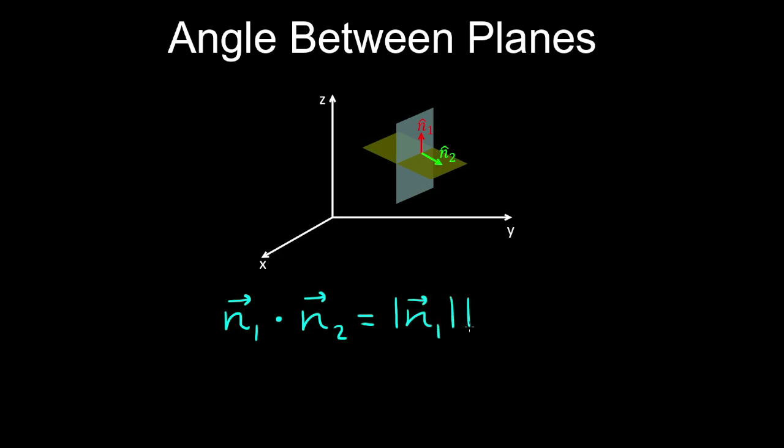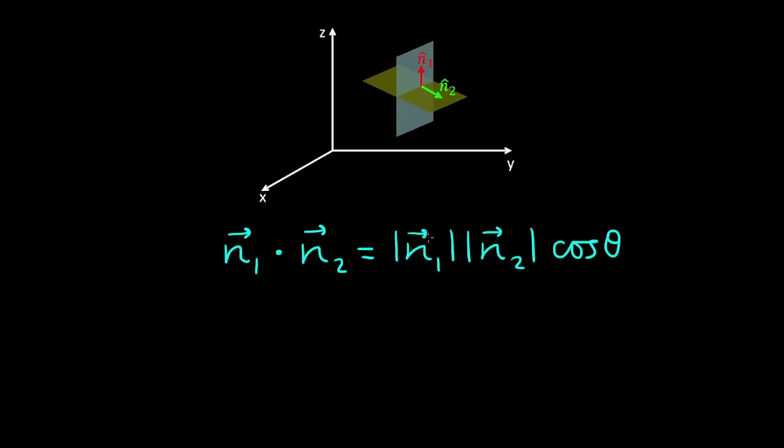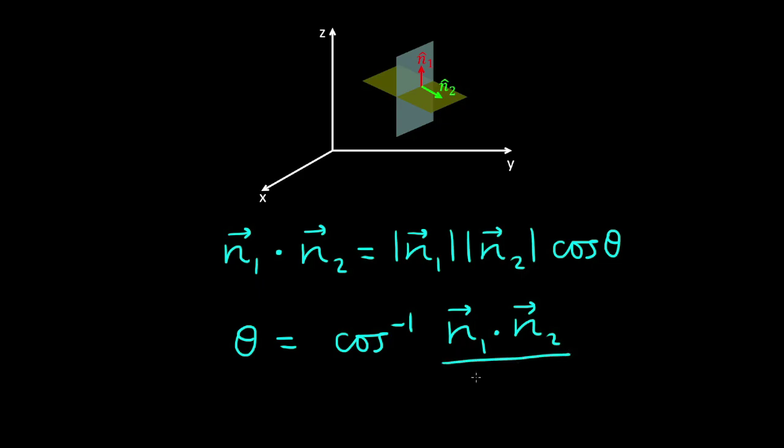So the magnitude of n1 by the magnitude of n2 by cosine of the angle between the two vectors. And if we divide through by these magnitudes and take the arc cosine, we get theta is the arc cosine of the dot product between n1 and n2 on the magnitude of n1 by the magnitude of n2.